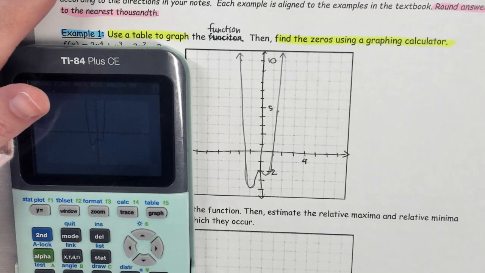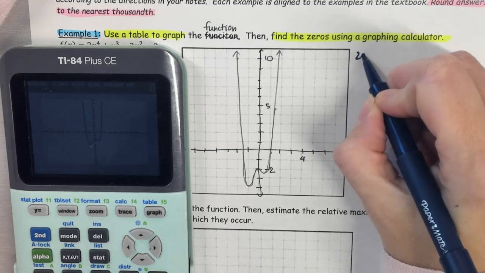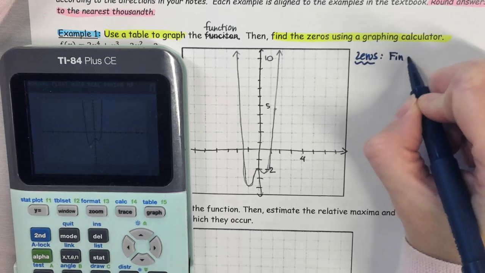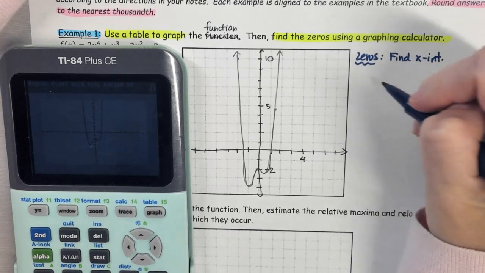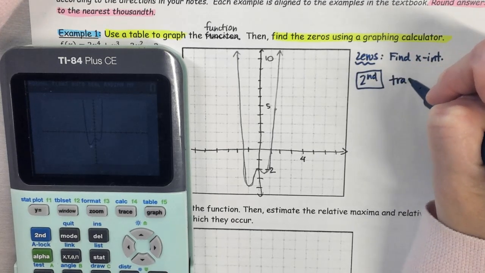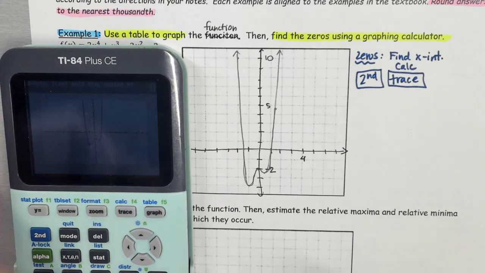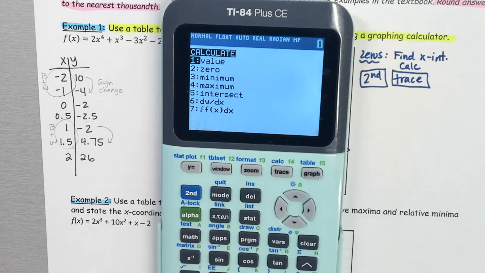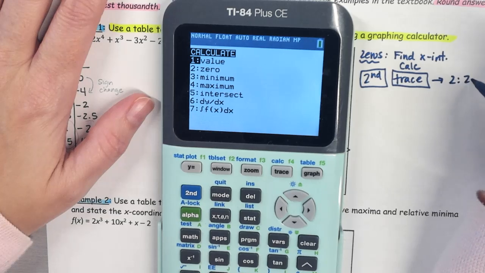Okay, so to find the zeros, that means you're going to find your x-intercept. So to do that, you guys press the second button and trace, because that takes you to the calculations. So second, trace, and then we are going to use the one that says zero.